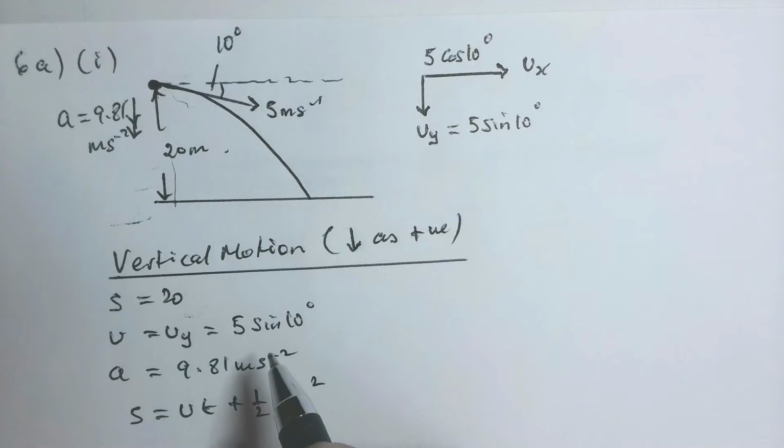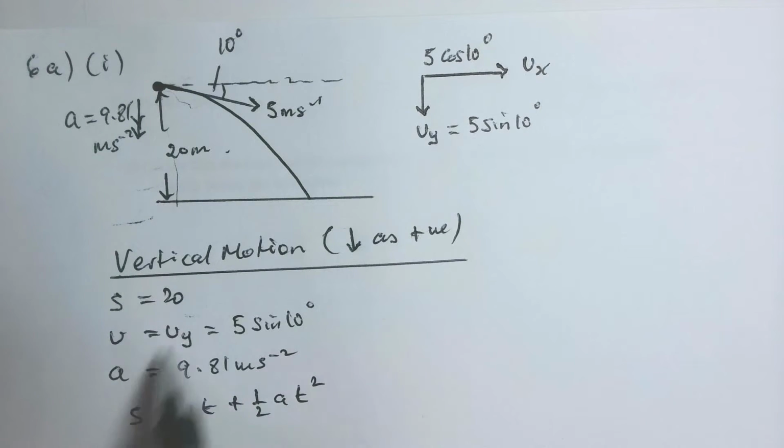Now when you plug in these values, we get s is 20, u is uy, which is 5 sine 10.